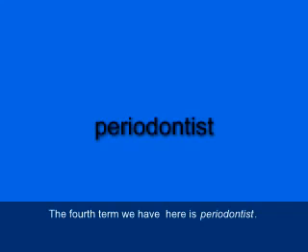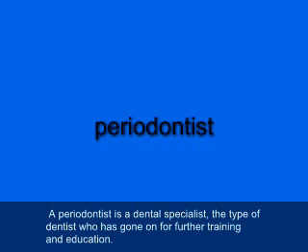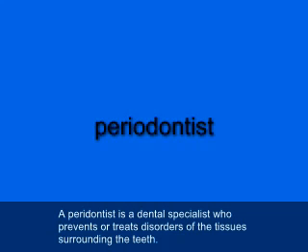Fourth term we have here is periodontist. A periodontist is a dental specialist, the type of dentist who's gone on for further training and education. A periodontist is a dental specialist who prevents or treats disorders of the tissues surrounding the teeth.